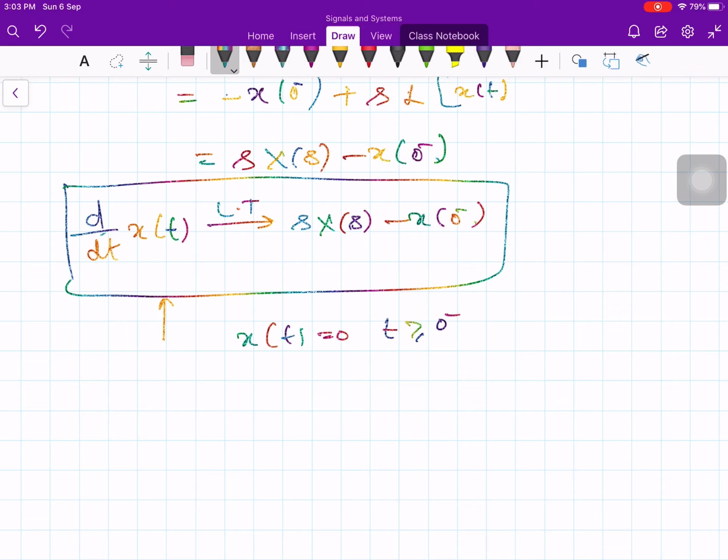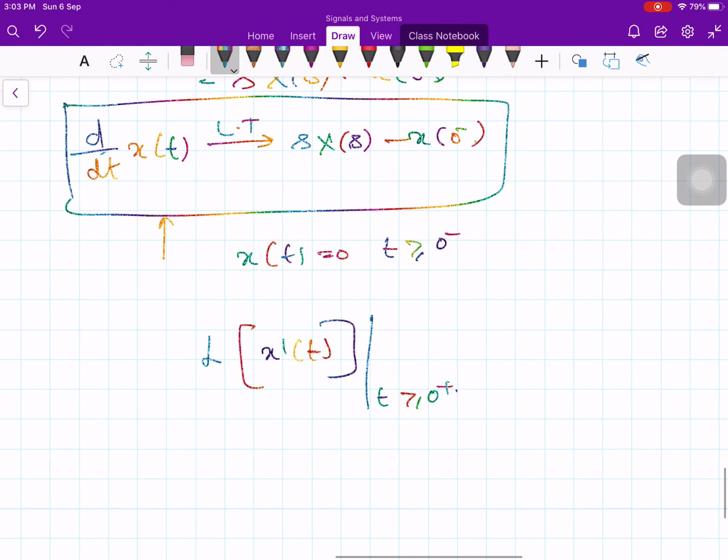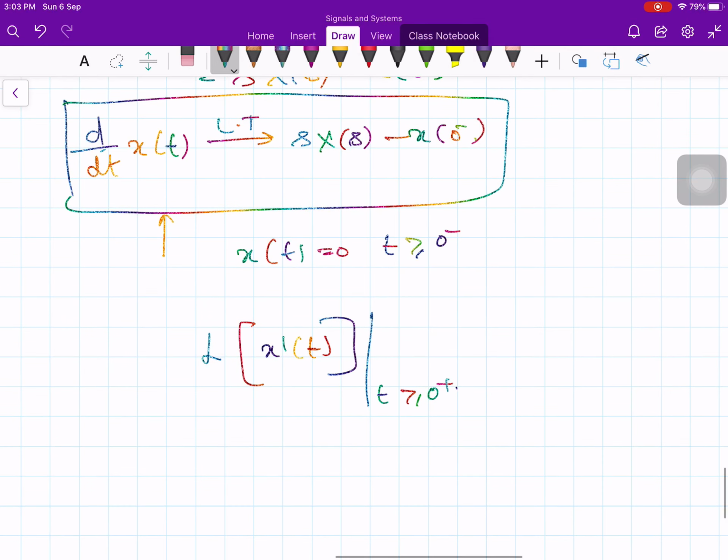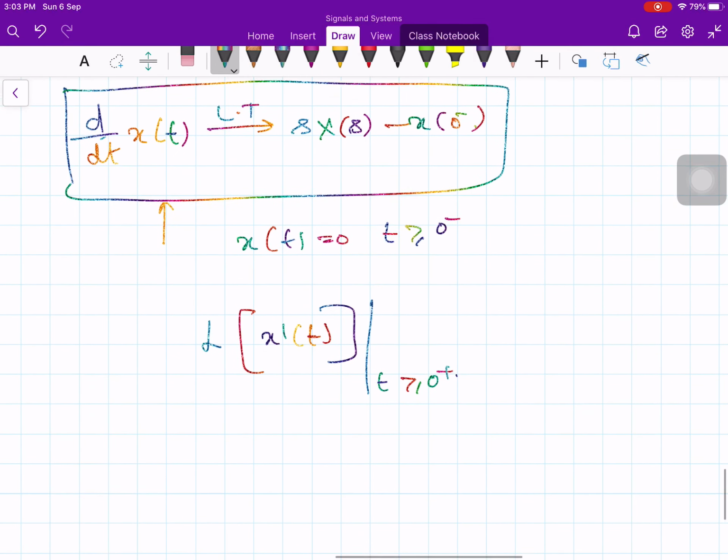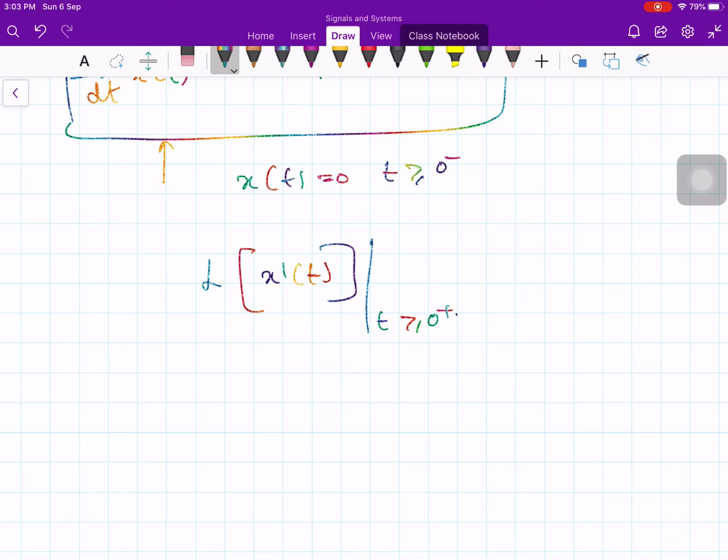Often we would like to find the Laplace transform of the derivative of x of t from t greater than or equal to 0 plus onwards. That means we disregard the jump at t equals 0. Any jump that this function has in transiting from 0 minus to 0 plus, we would like to exclude.